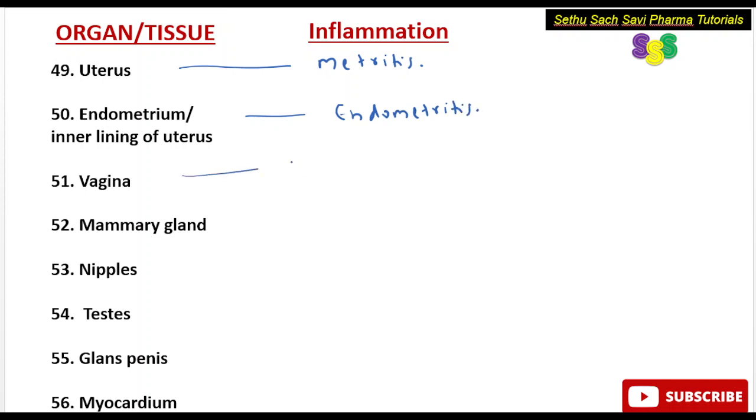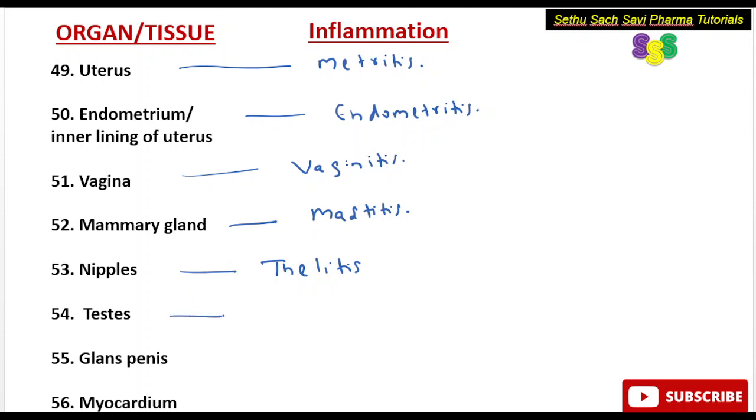Inflammation of vagina is called vaginitis. Now coming to the inflammation of mammary gland, it is called mastitis, whereas the inflammation of nipples is called thelitis. So thelitis is the inflammation of nipples.